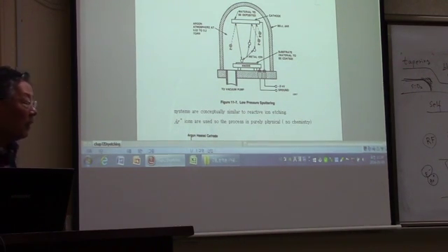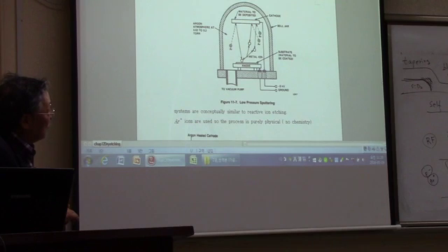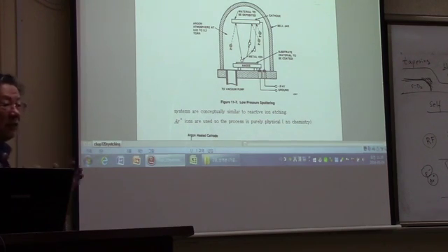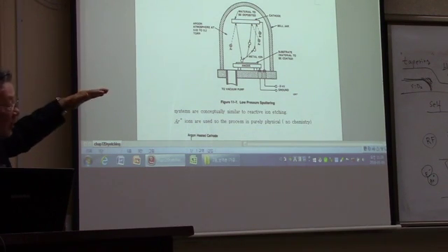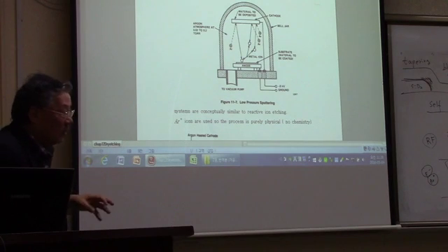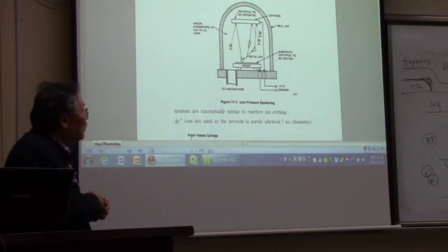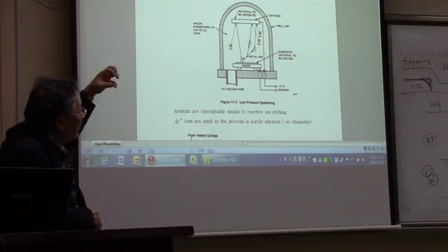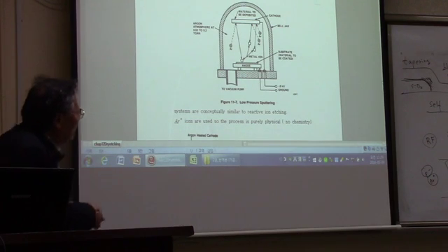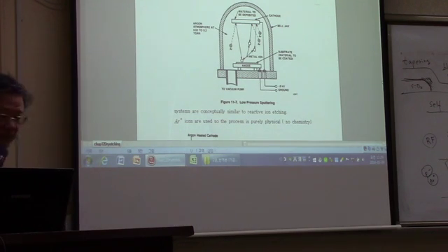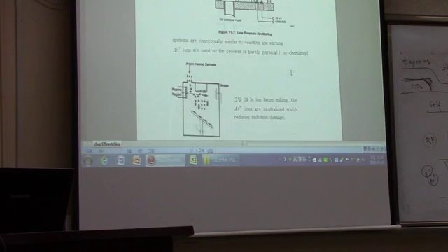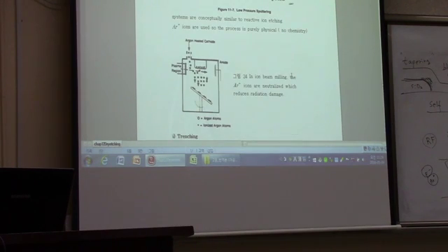Deposition rate cannot be large in this case, but it does not have any selectivity. It doesn't care what the target atom is. Due to the physical collision, the surface atom is just going to be taken off from the surface. So that is a sputtering machine.